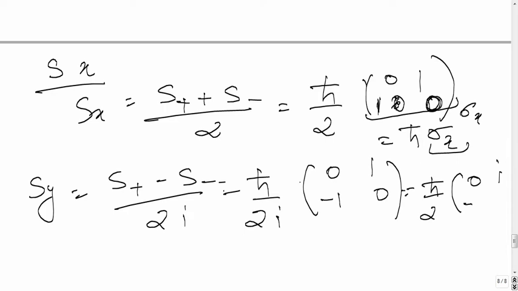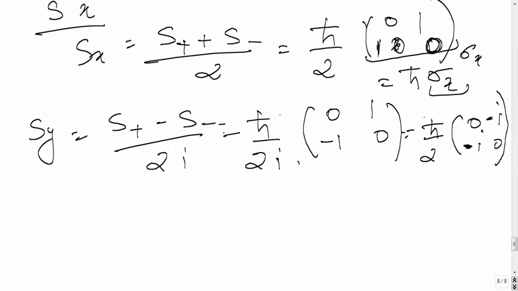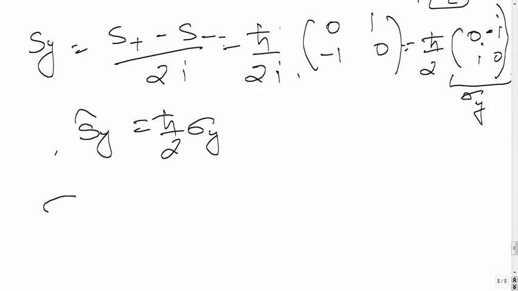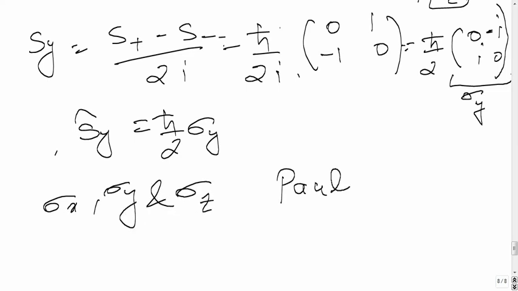Multiply the numerator and denominator by i and take that i inside; the sign would get reversed. This operator is denoted by a special notation called sigma y. So sigma x, sigma y and sigma z are called Pauli's spin operators.